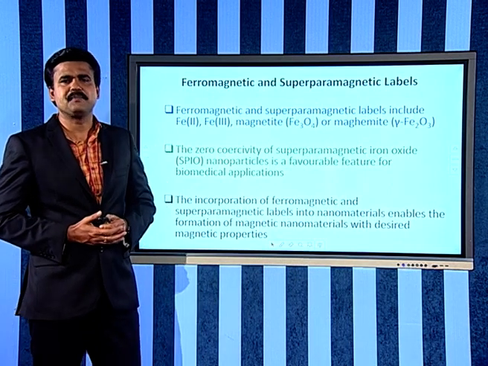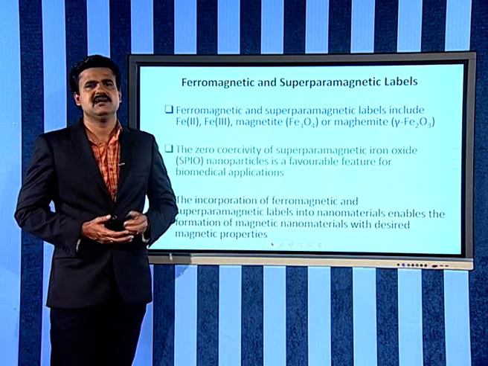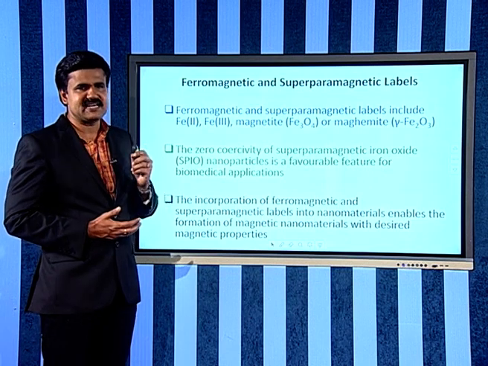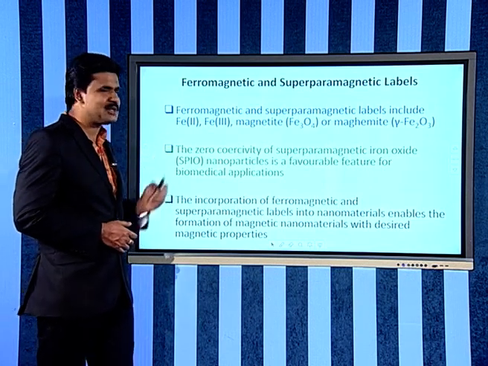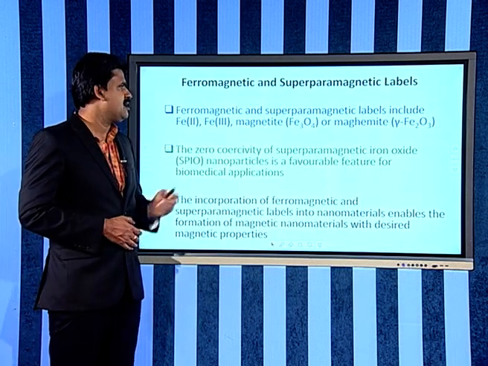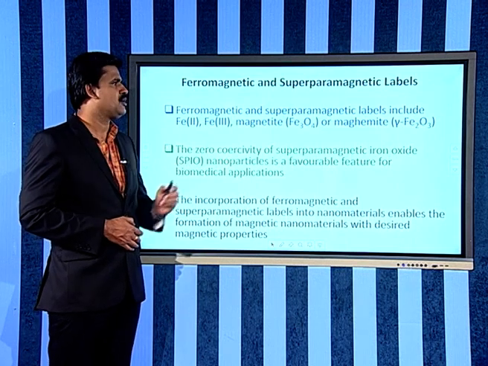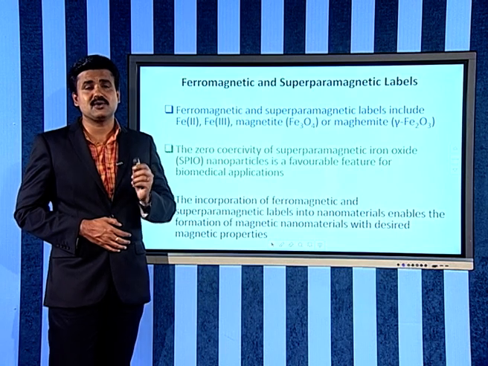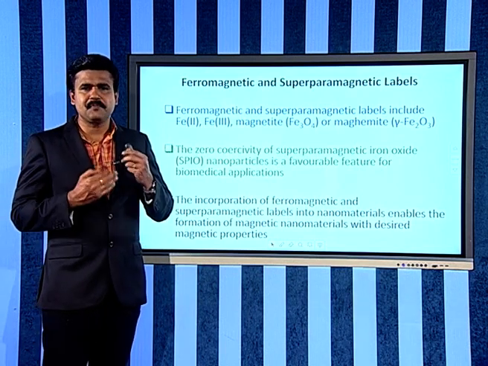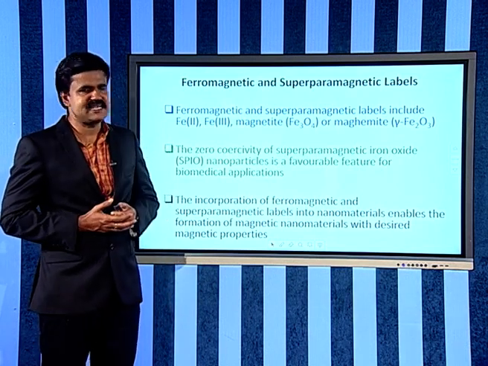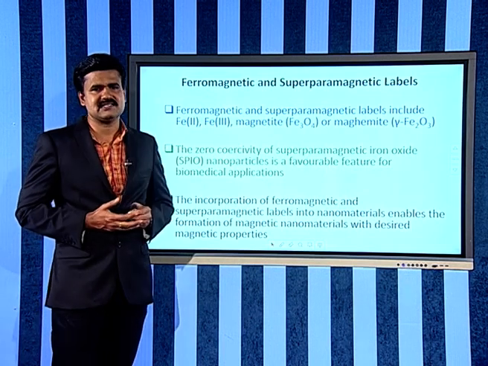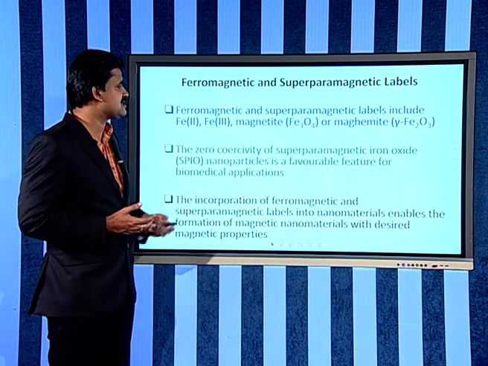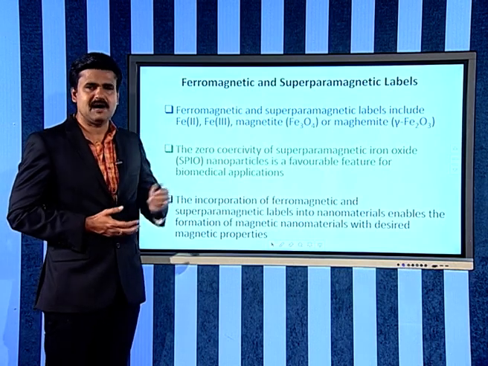Ferromagnetic and superparamagnetic labels. Ferromagnetic and superparamagnetic labels include iron 2+, iron 3+, magnetite Fe3O4 or maghemite gamma Fe2O3. The zero coercivity of superparamagnetic iron oxide (SPIO) nanoparticles is a favorable feature for biomedical applications.